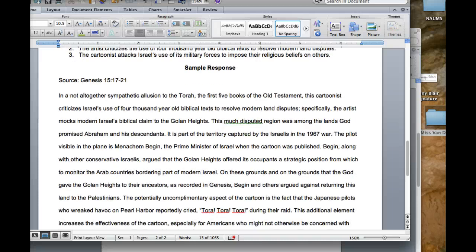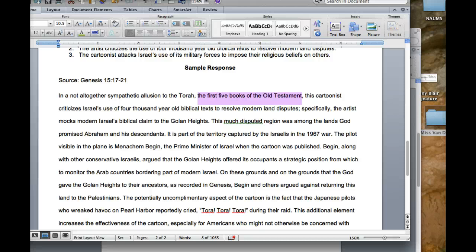And this starts with the topic sentence. It gives some background. It says, in a not altogether sympathetic allusion to the Torah, the first 5 books of the Old Testament, notice how this writer has included these qualifications, these definitions. The Torah is the first 5 books of the Old Testament.